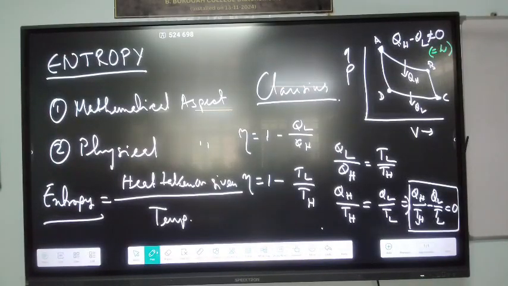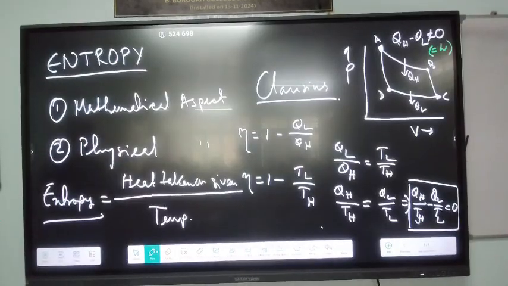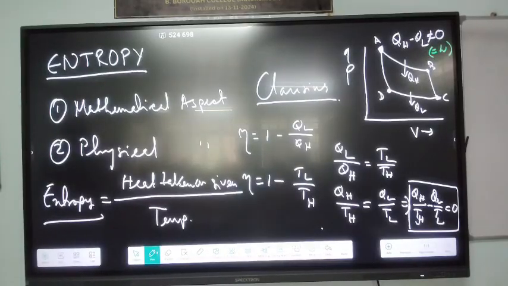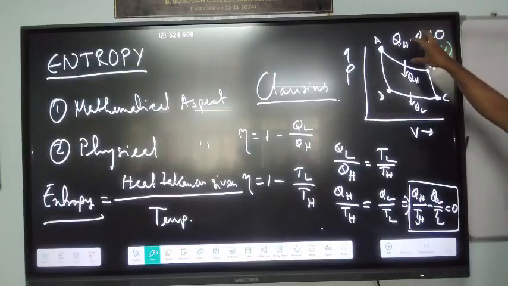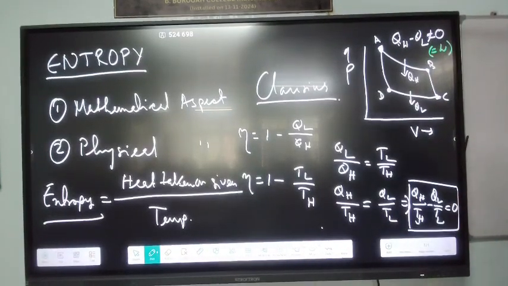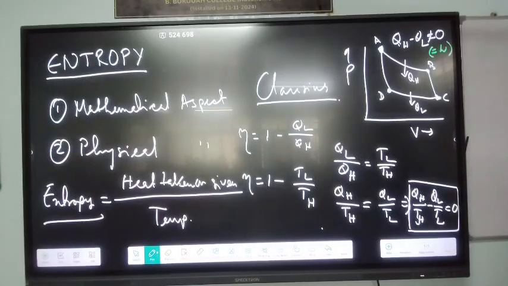So Clausius named this parameter entropy. It is a very simple term: just take the heat, divide by temperature, and its property changes. It becomes a state function.